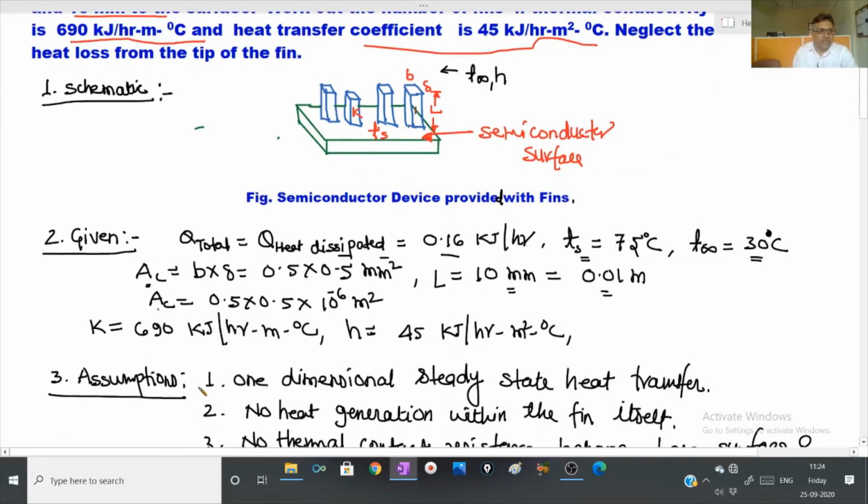Thermal conductivity of the fin material is given as 690 kilojoule per hour per meter degree Celsius, and the convective heat transfer coefficient of the surrounding fluid is 45 kilojoule per hour per meter square degree Celsius. These fins are made of aluminium.